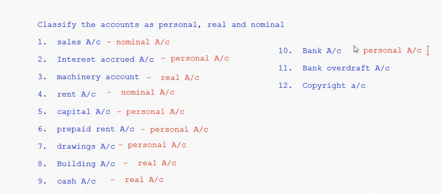Because it's like a company that is created by law. All these banks are treated as personal account here. Bank account, bank overdraft account is again treated as a personal account, right? Copyright account is an intangible asset that comes under your real account.